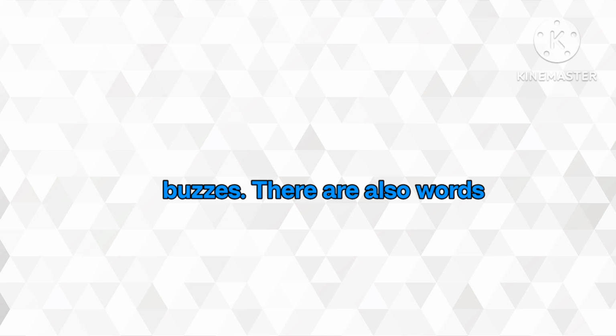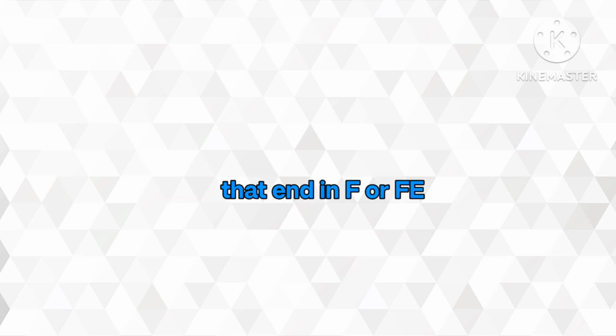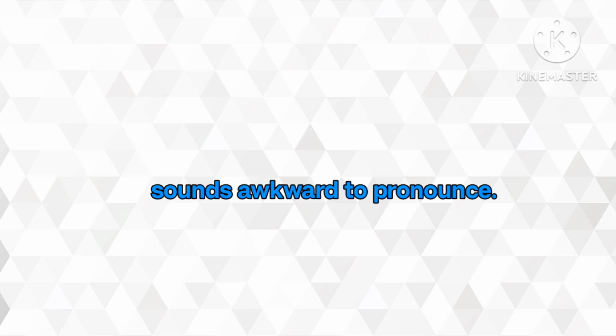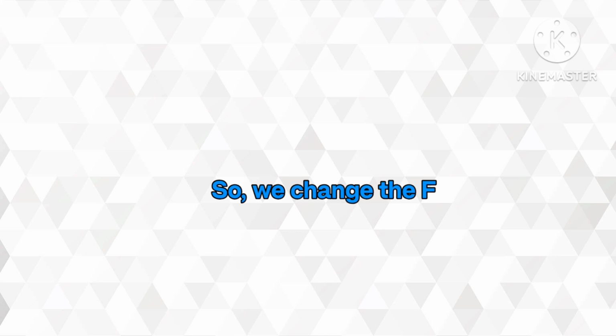There are also words that end in f or fe, like wife. So how do we make it plural? Because wifes sounds awkward to pronounce. So we change the f to v. So wife becomes wives.